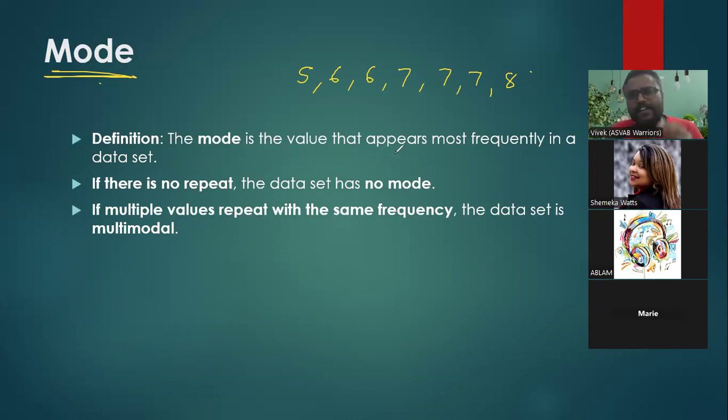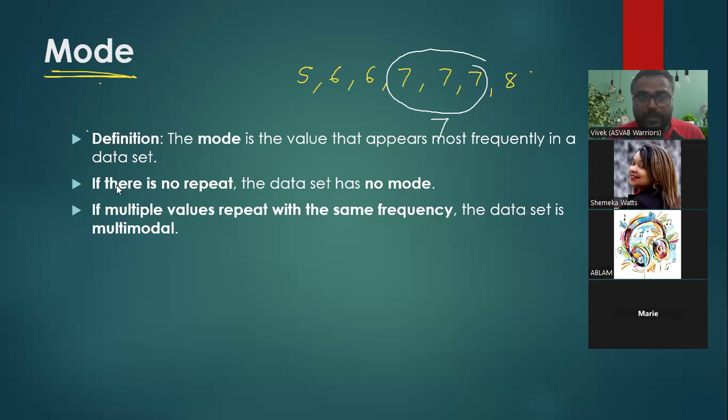If we want to find the mode of this data set, you just need to understand which is the most frequently occurring number. The most frequently occurring number here is 7, and you have your answer. So 7 is the mode for this data set. The most frequently occurring value in a data set is going to be your mode.